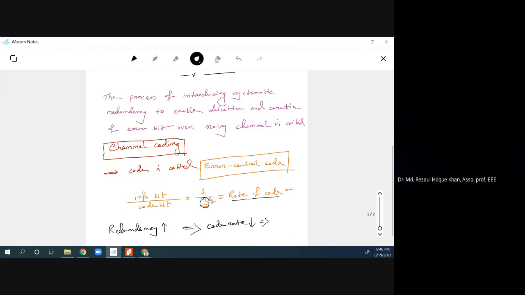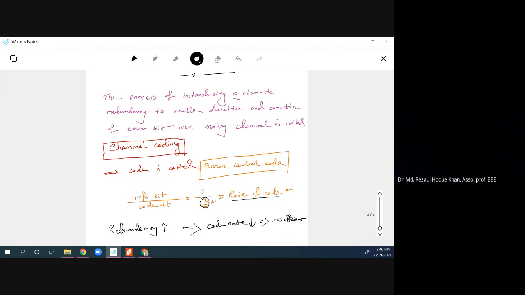Ultimately, our system will be low efficient. If our data rate decreases, the efficiency decreases, in terms of bandwidth.